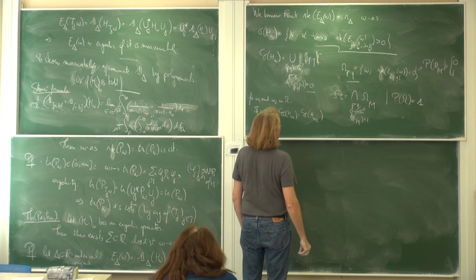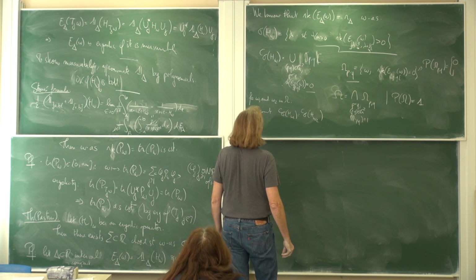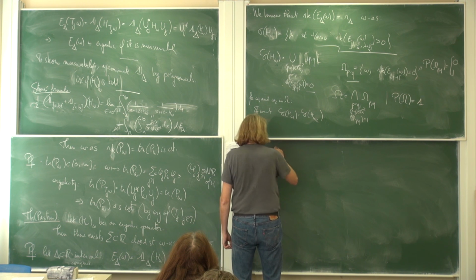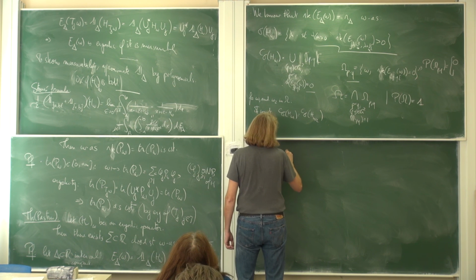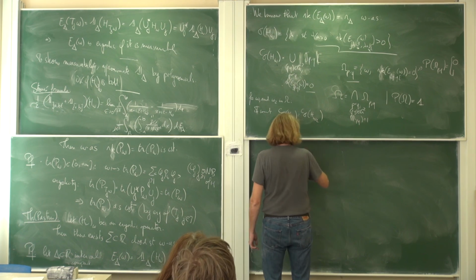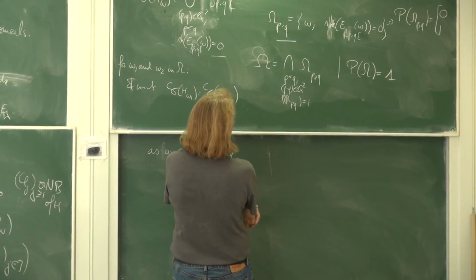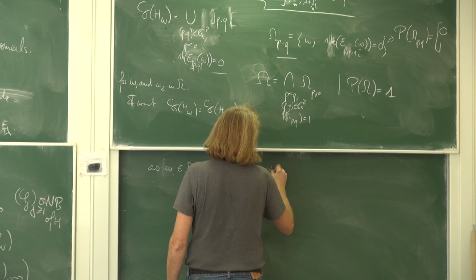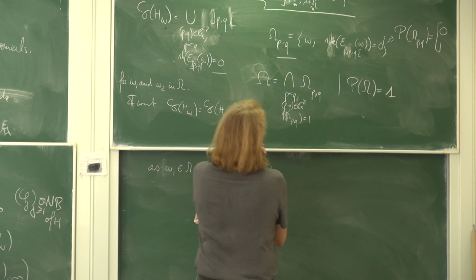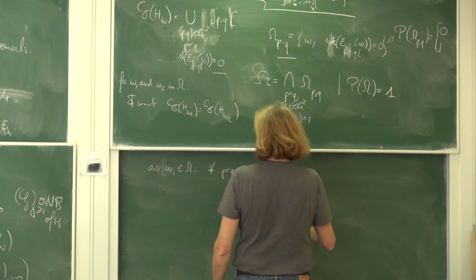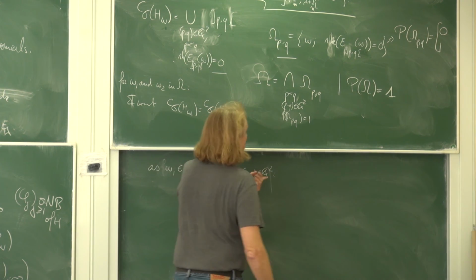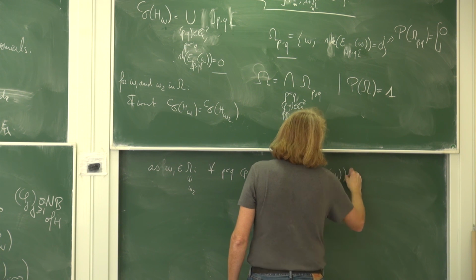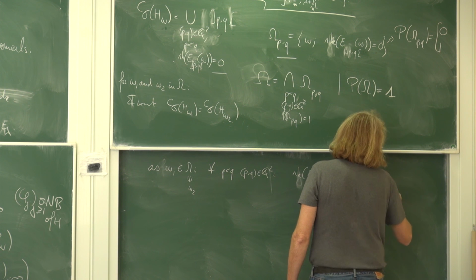So what do I need to do for this? What we know is that as omega 1 and omega 2 both belong to omega, for all P less than Q, P and Q in Q squared, we have that the rank of E PQ omega 1 is equal to the rank of E PQ omega 2.